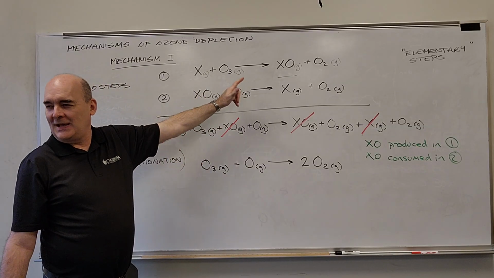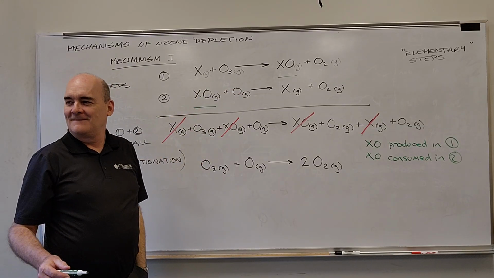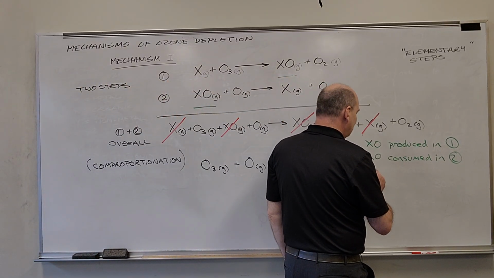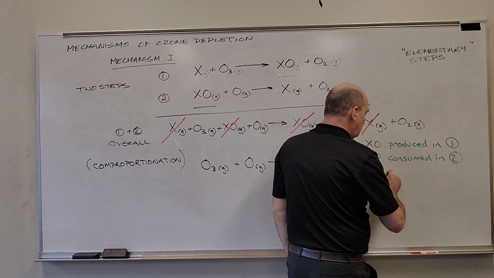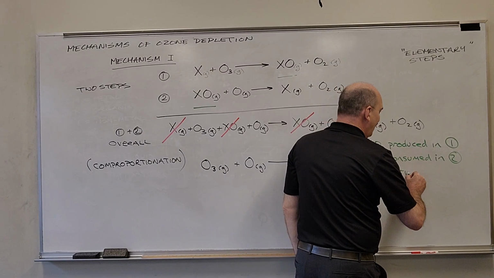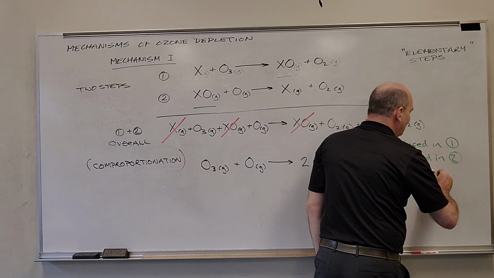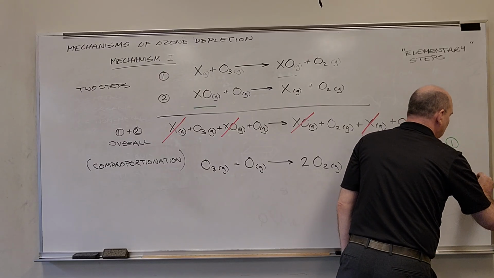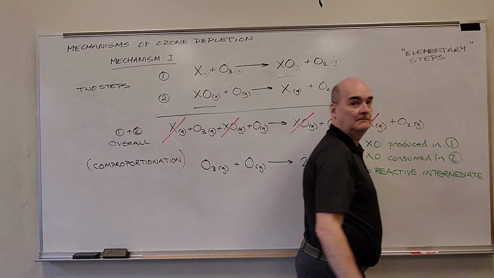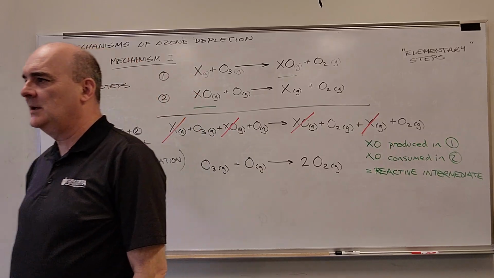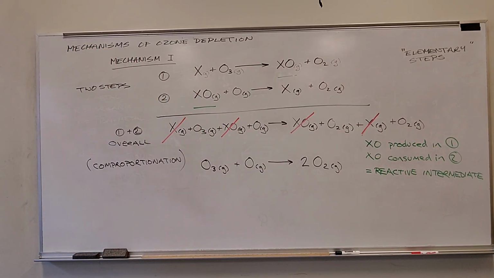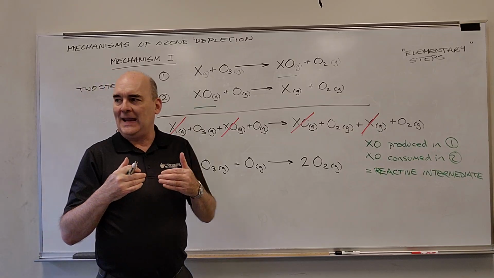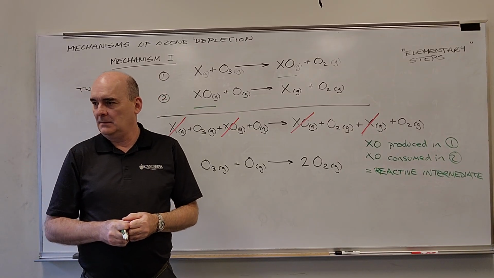Do you remember what that's called? Intermediate? That's a reactive intermediate, yeah. This is what we call a reactive intermediate. Reactive intermediates are made in one step and then consumed in a later step.